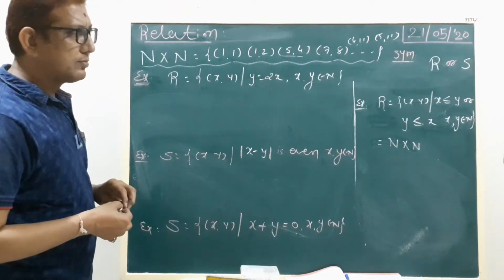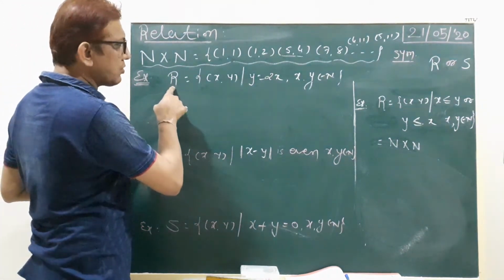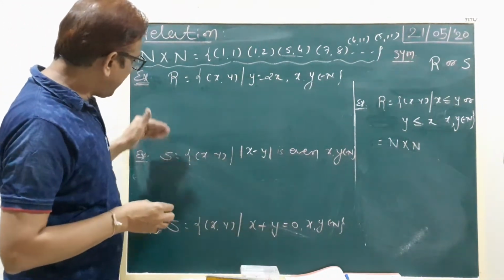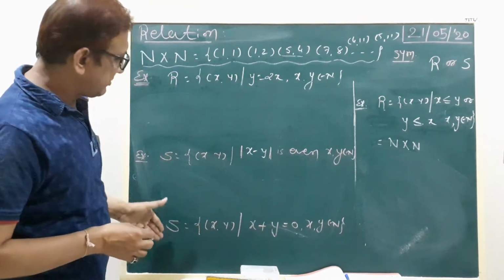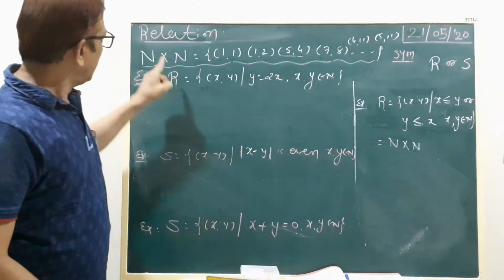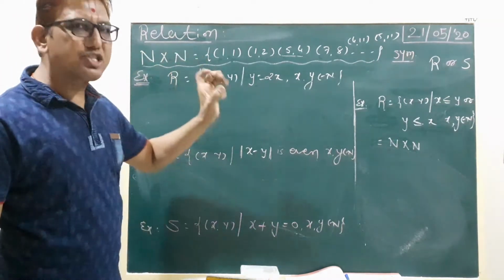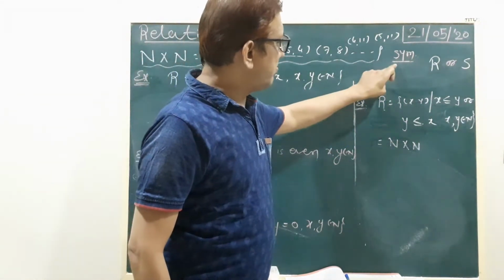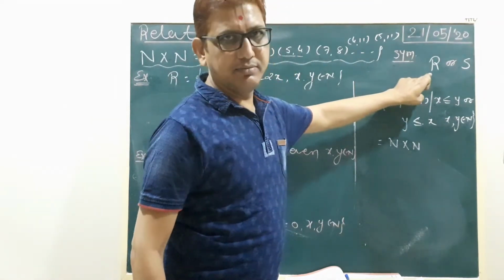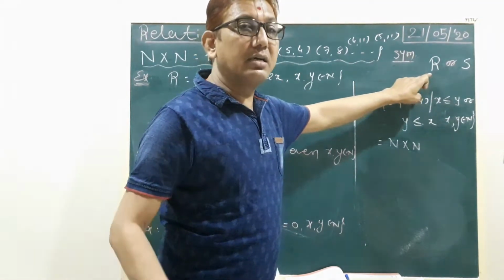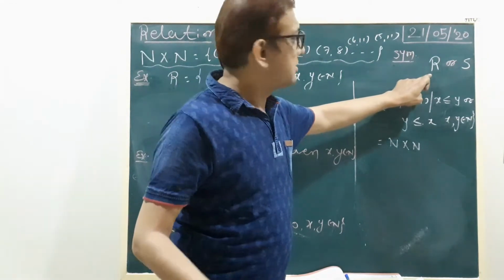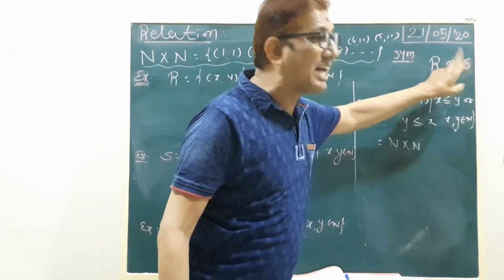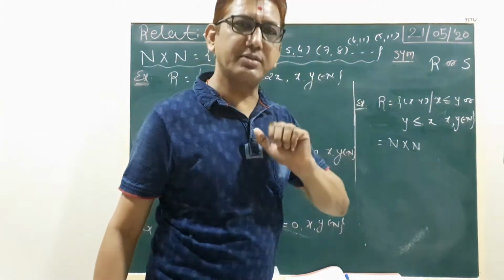First one. R equal to. Now what is the meaning of R and S? Our topic is relation. In our textbook, the symbol of relation is R. In other reference textbooks, we use the symbol S for relation.